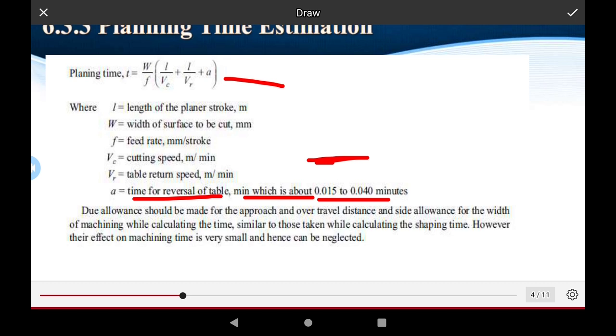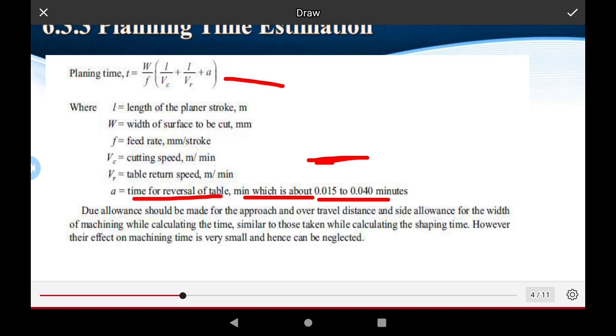Suppose all the values are given in the numerical problem: put all the values in the formula and solve the problem, similar to those taken while calculating the shaping time. Shaper machines cut metals, and we calculate the shaping time.